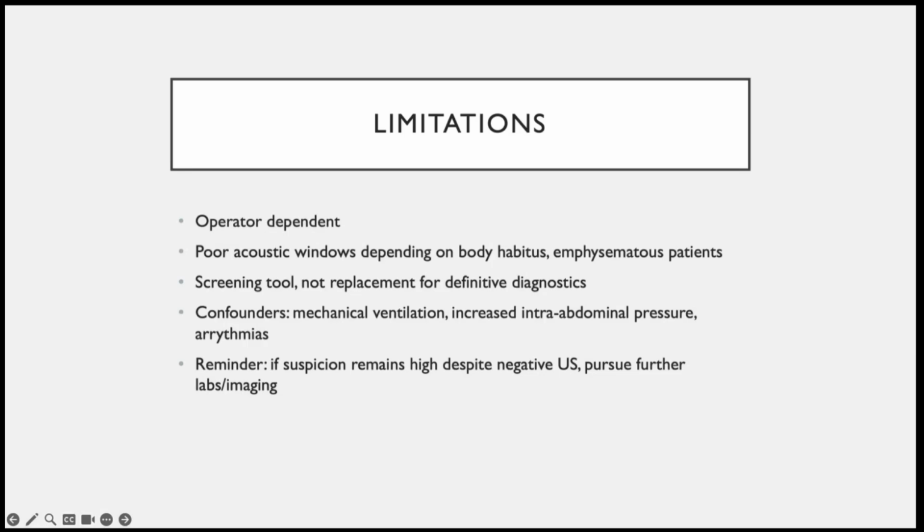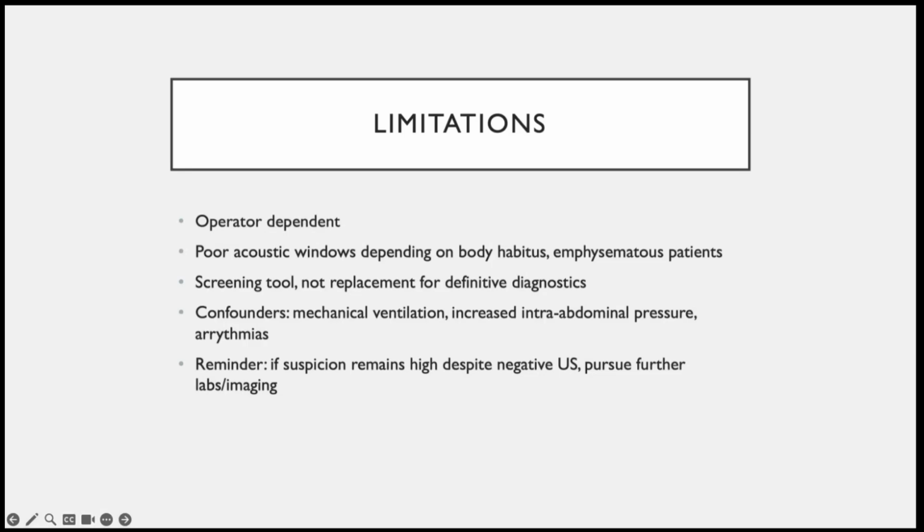Likewise, if your patient has increased intra-abdominal pressures, either from ascites or obesity or abdominal compartment syndrome, this can artificially reduce the collapsibility or make the IVC appear small and mimic hypovolemia. Again, different types of arrhythmias like your AFib can give you misleading impressions of your LV function or your preload responsiveness.